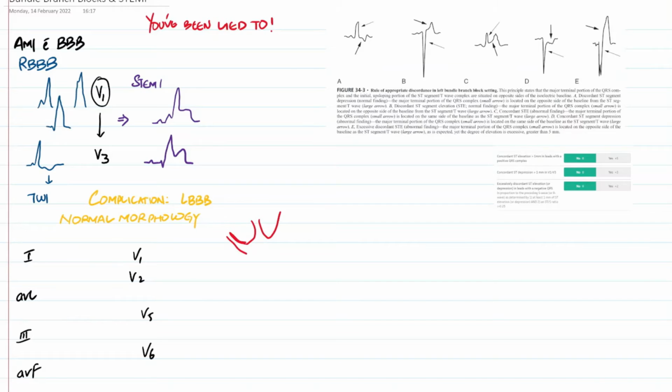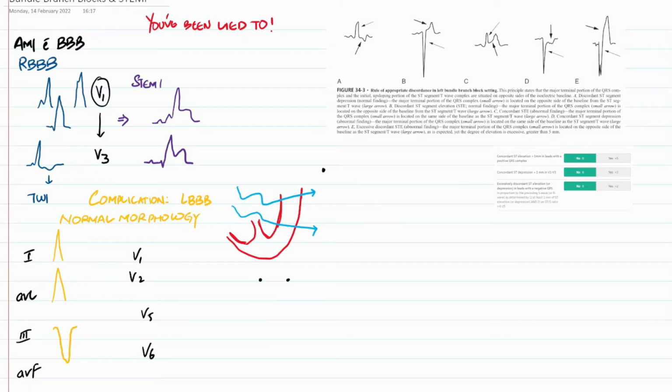Let's say that this is the heart showing the left ventricle and the right ventricle. The current in a left bundle branch block setting is mostly directed towards the left ventricle. So any leftward leads, which are lead 1 and lead AVL, will show tall positive complexes.